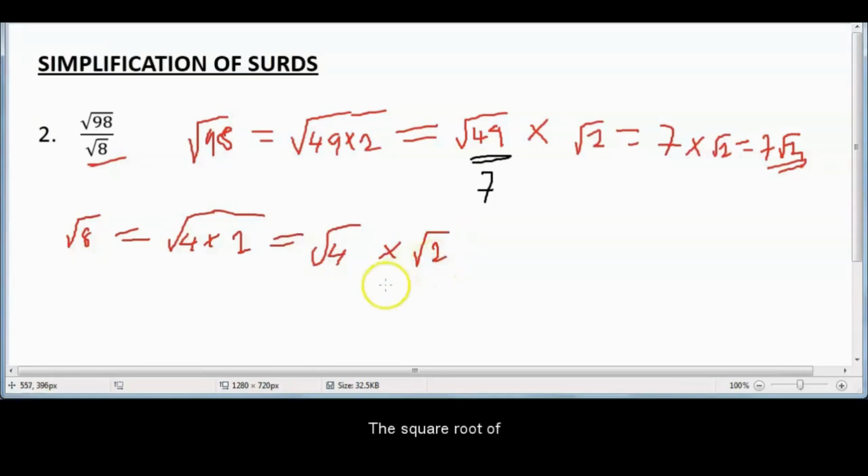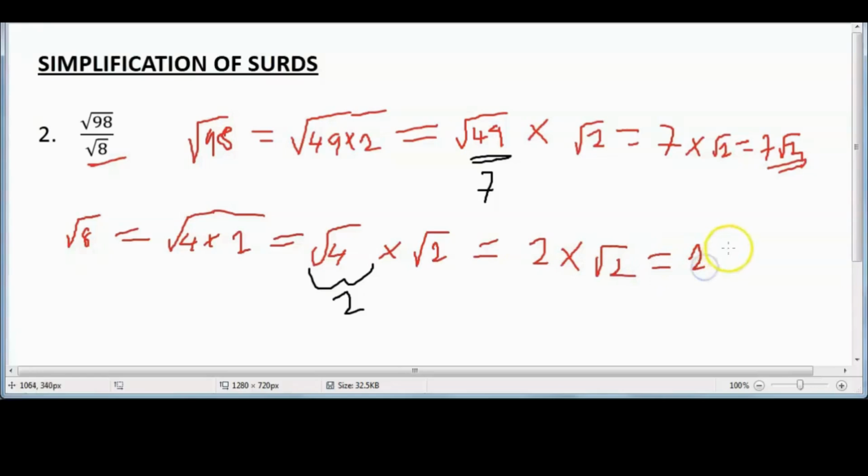The square root of 4 is 2. So 2 multiplied by root 2, or 2 root 2, is the simplest form of root 8.